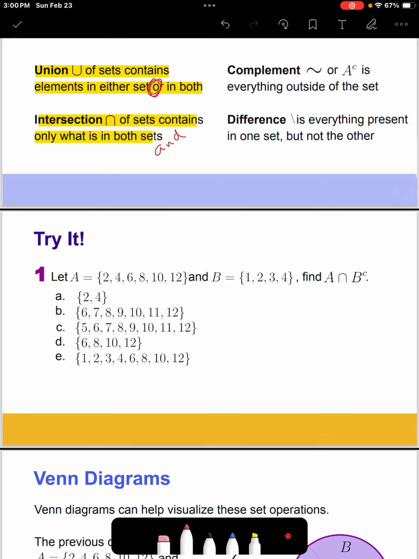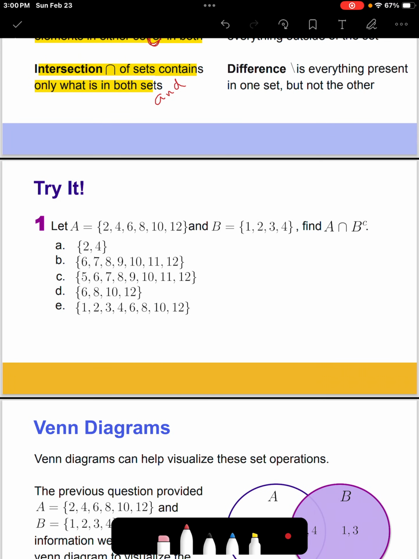Okay, so let's take a look at this example. The first thing we need to do is identify the universal set. Since no universal set is given, we assume it consists of all natural numbers relevant to the given sets.